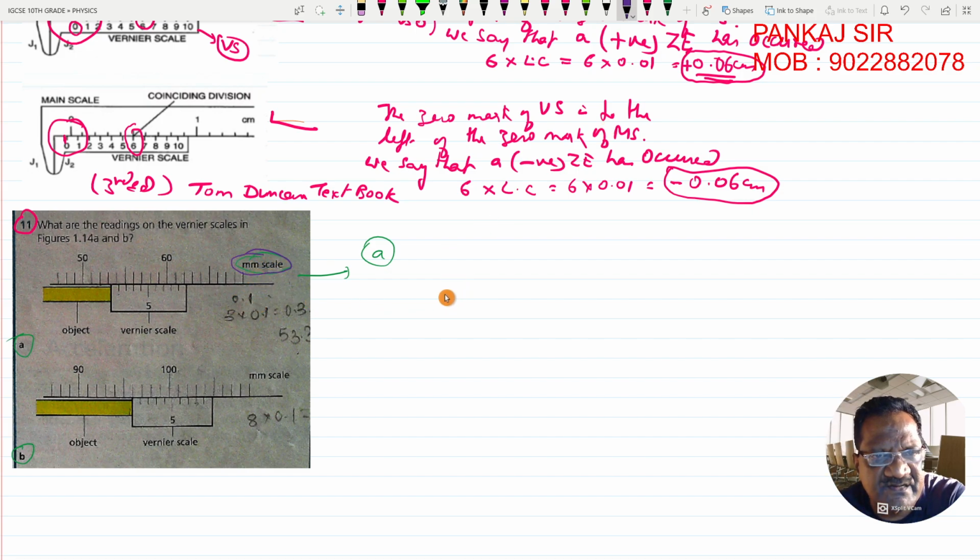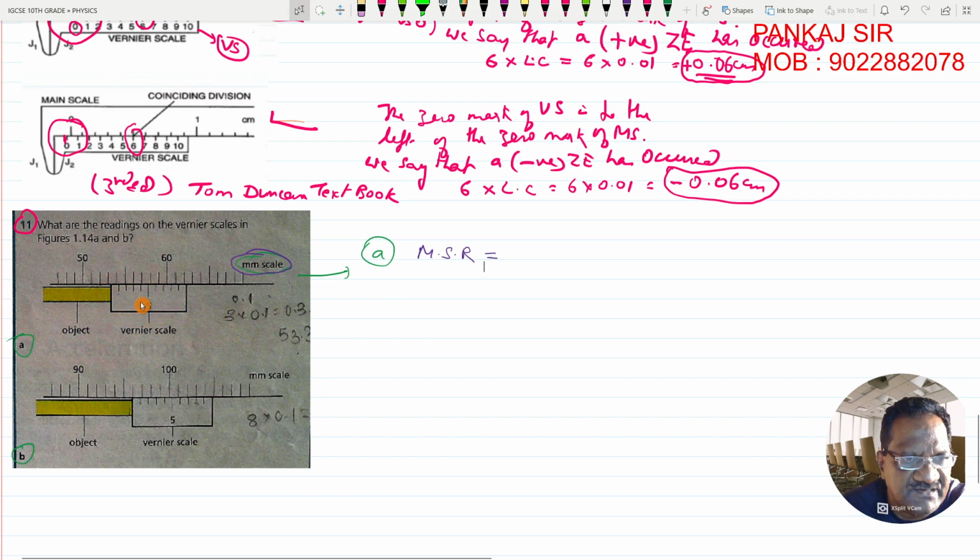If you see properly, how are we going to record the main scale reading? You have to see the zero of the Vernier. This is the Vernier scale. This is the zero division, then the first division, second, third, fourth, fifth, sixth, seventh, eighth, ninth, and this is the 10th division. So on this Vernier caliper, you have 10 divisions, and these 10 divisions are adjusted into 9 millimeter.